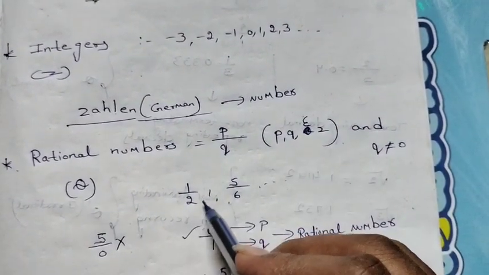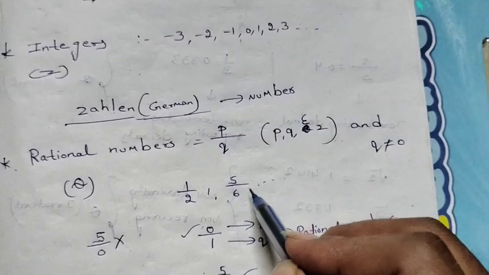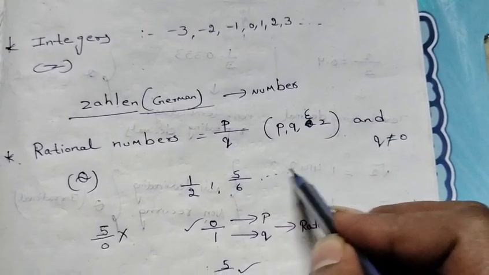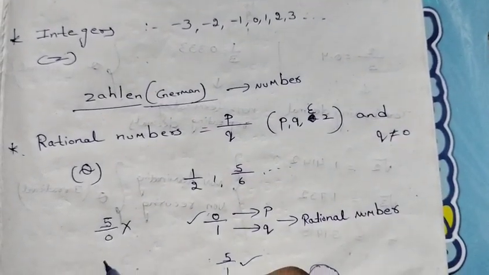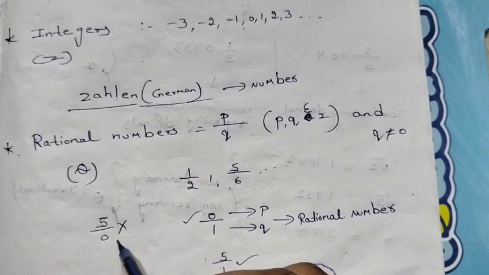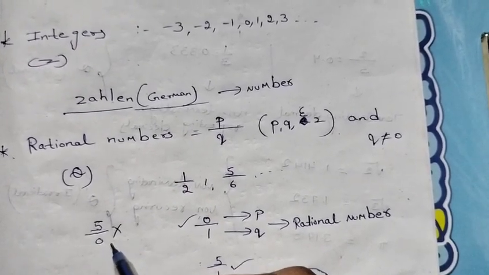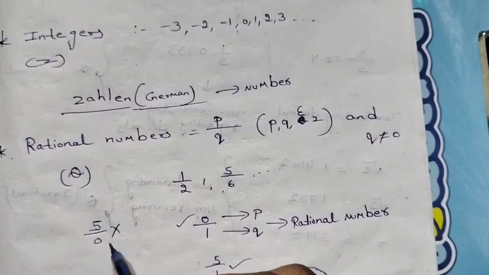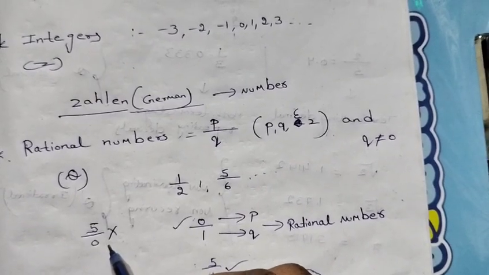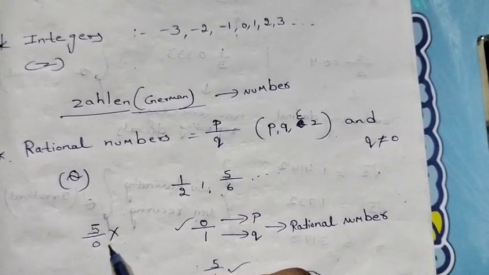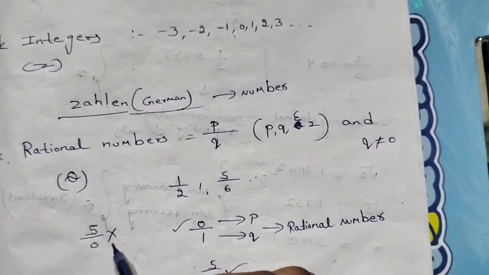Like 1 by 2 or 5 by 6 are rational numbers, and here we can take like 5 by 0. It's not a rational number because here q equals 0. So then it's not a rational number.